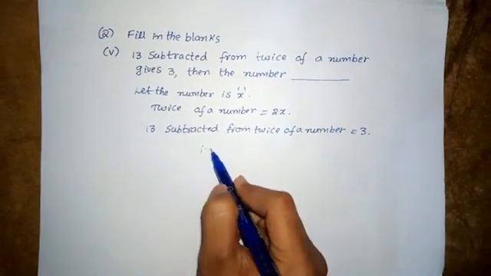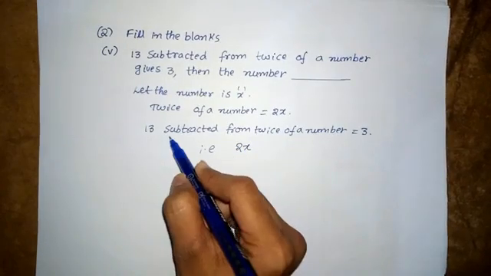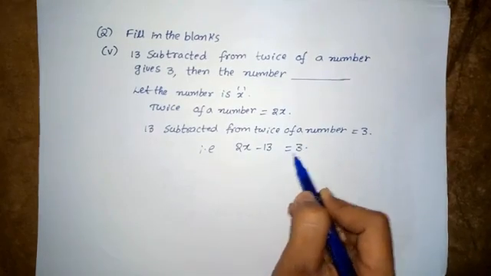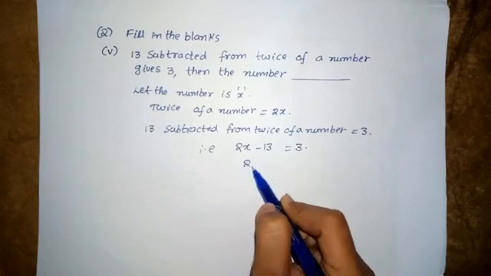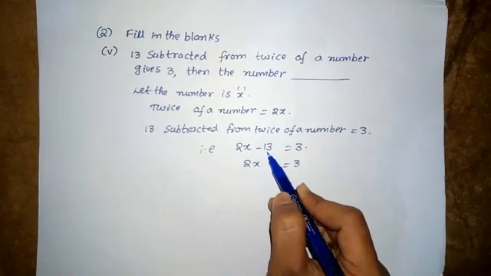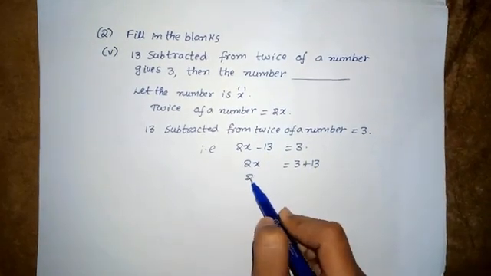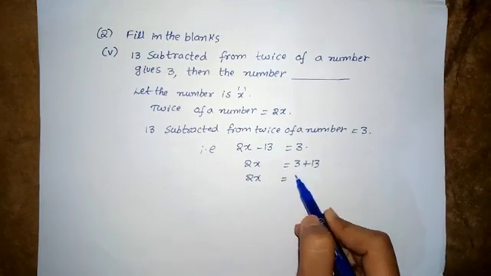Twice a number is 2x. Subtracted 13 is minus 13, that is equal to 3. From this simple equation, find the x value. From this, 2x is equal to 3, and minus 13 moves to the right side as plus 13. So 2x is equal to 3 plus 13, which becomes 16.